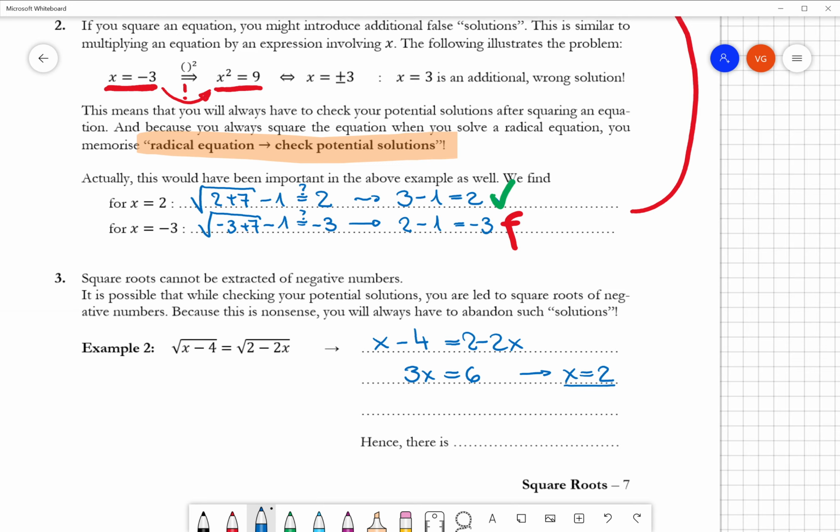Alright, now we know we have to check. If we do check, what we find is the root of 2 minus 4 equals the root of 2 minus 4. And this sort of looks promising, but on both sides of the equation we have the fancy expression, the root of negative 2.